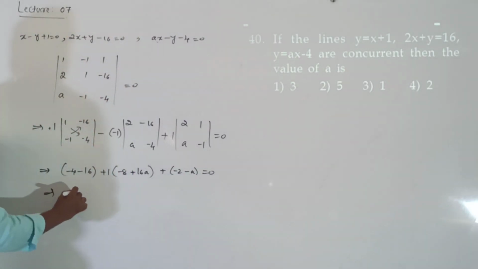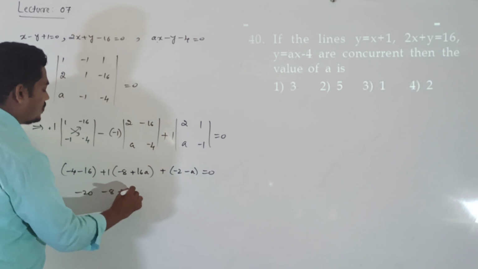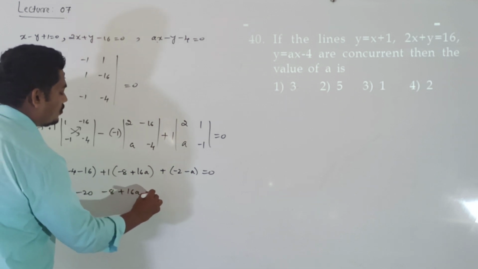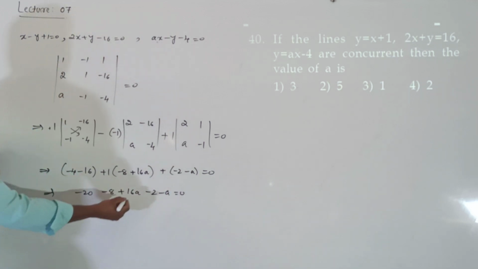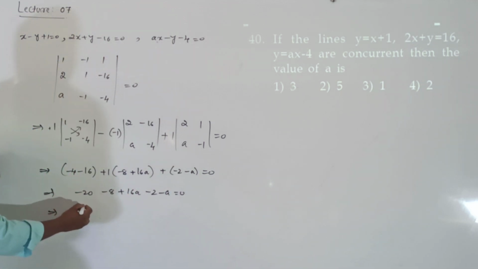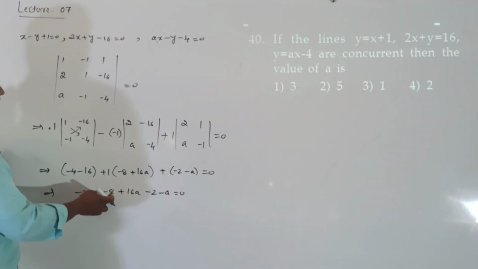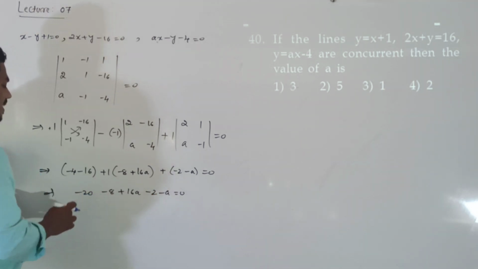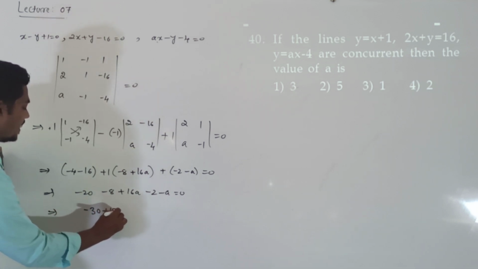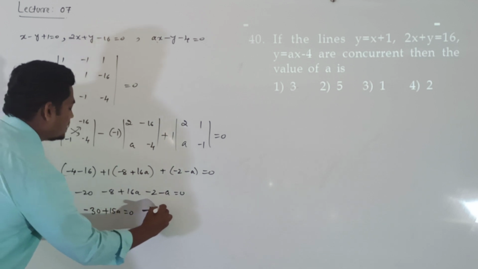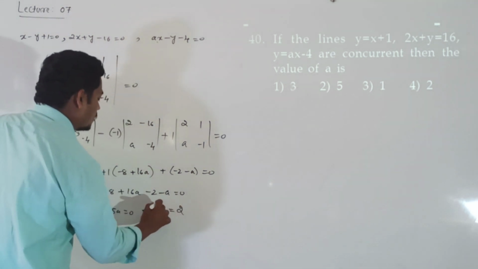Now it will be minus 20 minus 8 plus 16a minus 2 minus a equal to 0, means 15a minus 30 equal to 0, which implies a is equal to 30 divided by 15, that is 2.